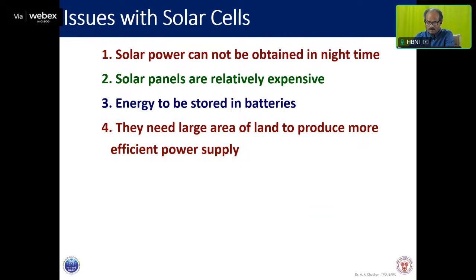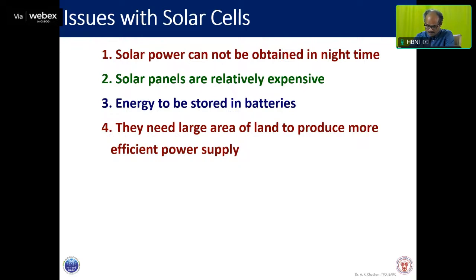So this is also an important point, because suppose you want 1 kilowatt, 2 kilowatt, it is fine. You can put a small unit at the rooftop. However, if you want to make a power plant, suppose a 1 megawatt power plant, in that case you require several square kilometers of space where only the solar cells will be stored.